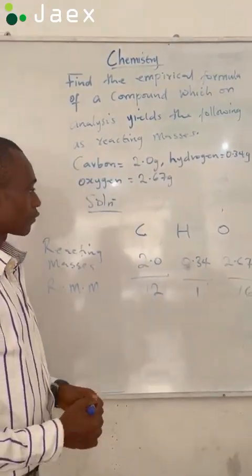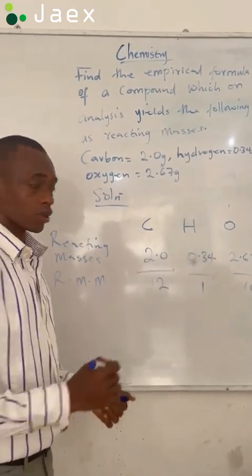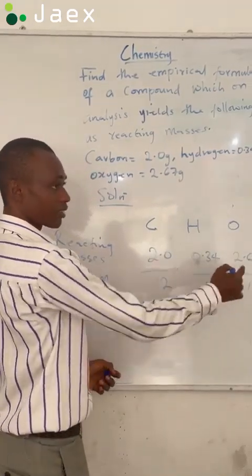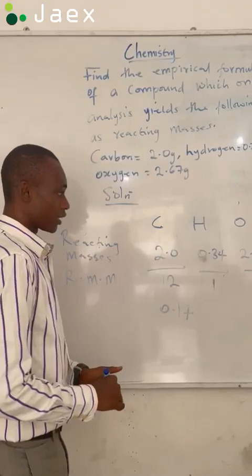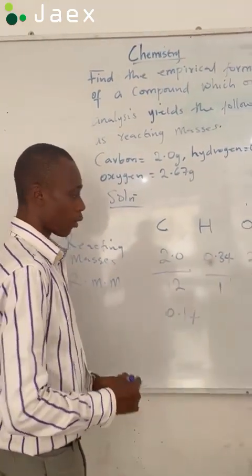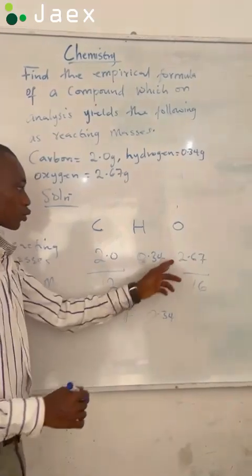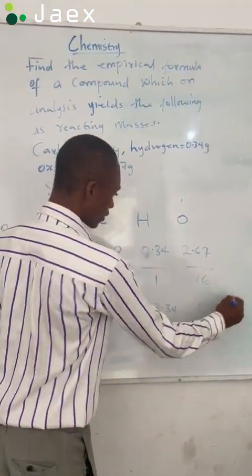Now, next step, if we use our calculator, we check 2.0 divided by 12. We have 0.1666, which we can approximate to 0.17. And then if we do 0.34 divided by 1, we have 0.34. And then if we do 2.67 divided by 16, we also have 0.17.